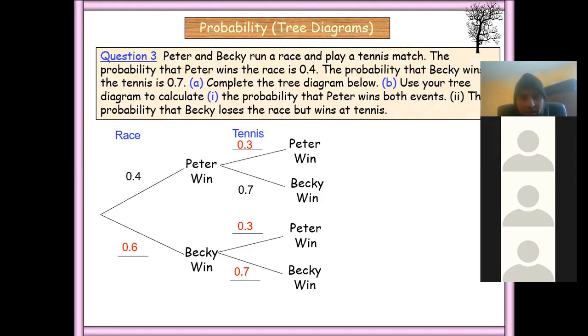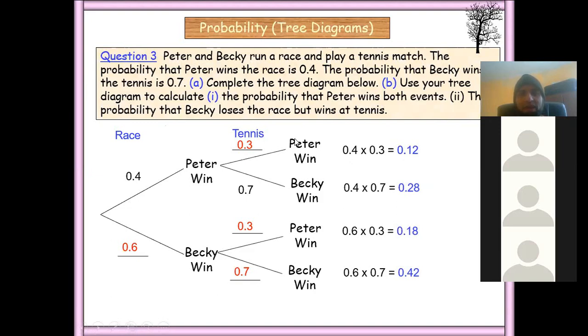Yeah. Good man. So we've completed the tree diagram. We've done part A. If everyone else is getting the same thing, good. Use your tree diagram to calculate that Peter wins both events. For Peter to win both events, it's going to be this branch here where my arrow is, and this branch here. So 0.4 times 0.3. For Peter to win both is going to be 0.12.